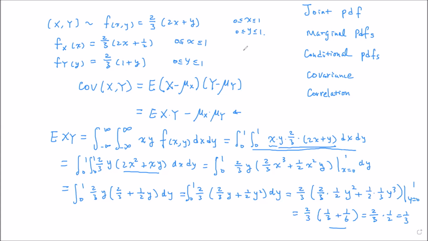All right, so we have E of X times Y to be 1/3. Well, I just did it. I didn't calculate it earlier, so I hope it is right.